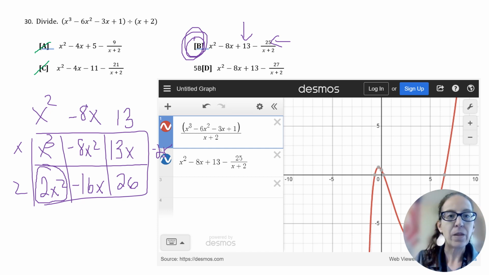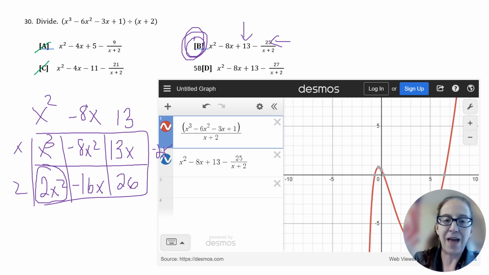Okay, so I'm going to type in the thing that I am dividing. So x to the third minus 6x squared minus 3x plus 1 divided by x plus 2.